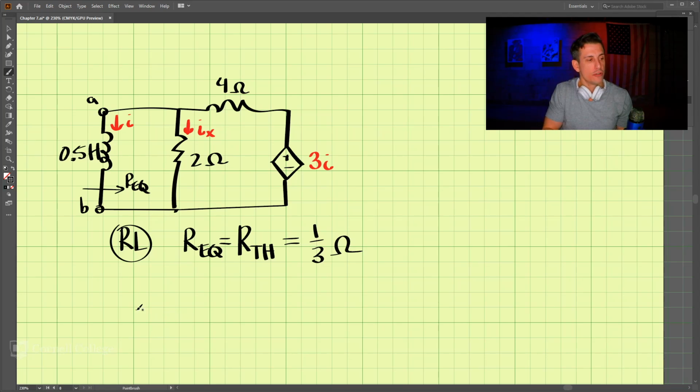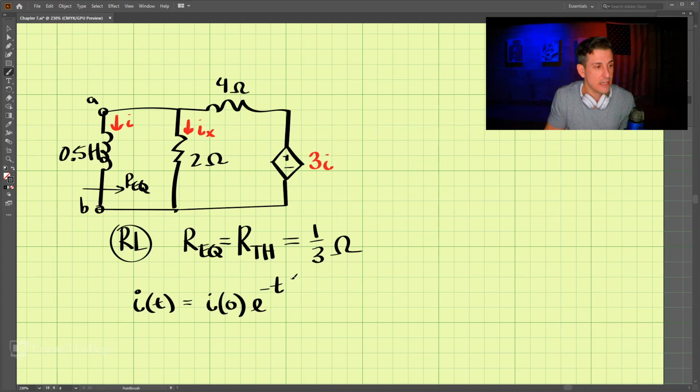we can then use our equation. Remember our equation for the current as a function of time is equal to I at time 0 times e to the negative t over tau.